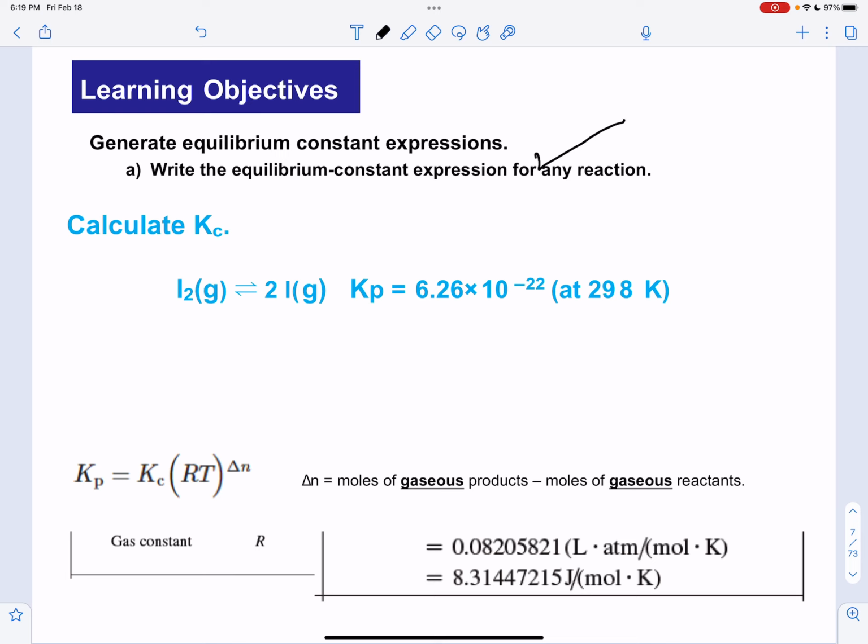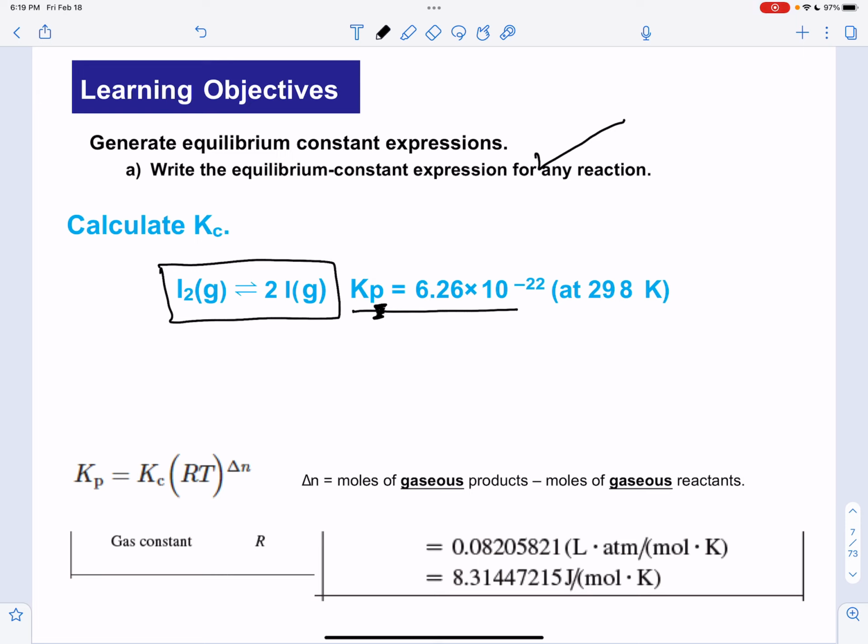What about the actual value? For this particular reaction, the molecule of iodine breaking apart into two atoms of iodine has an equilibrium constant expression based on pressure of 6.26 times 10 to the minus 22.